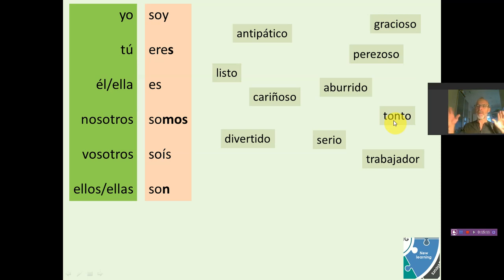Tonto's got the idea of just silly, really, with slightly different meaning. Trabajador, hard-working. El opuesto, perezoso, lazy. Trabajador, perezoso. And the female form of trabajador is trabajadora, with an A on the end.